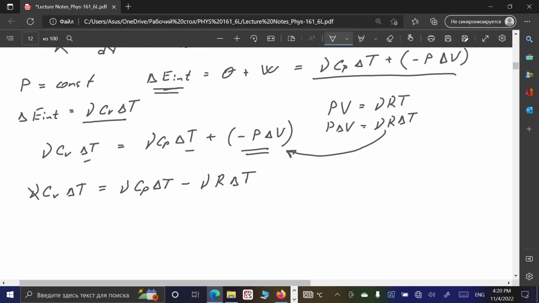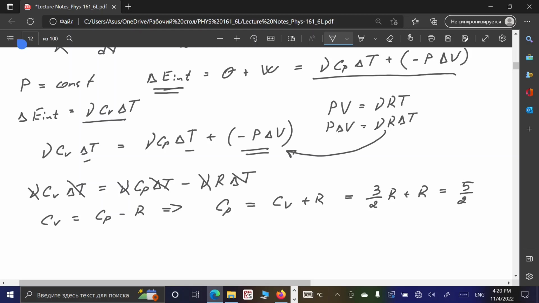Now what we see here, we can cancel out the amount of moles, we can cancel out temperature, and we end up with the following equation: Cv is equal to Cp minus R. Or in other form, we can express Cp, which we are looking for now, and that will be equal to Cv plus R. That is 3/2 R plus R, which gives us 5/2 R. So that is the specific molar heat capacity of an ideal gas at isobaric process.